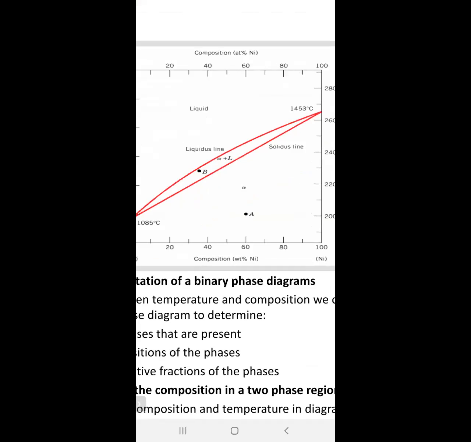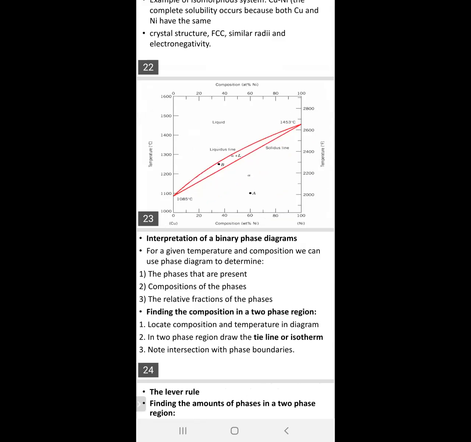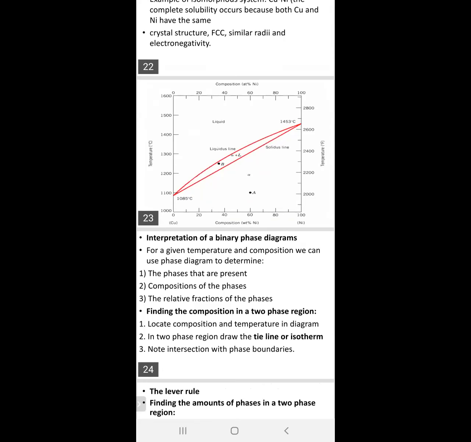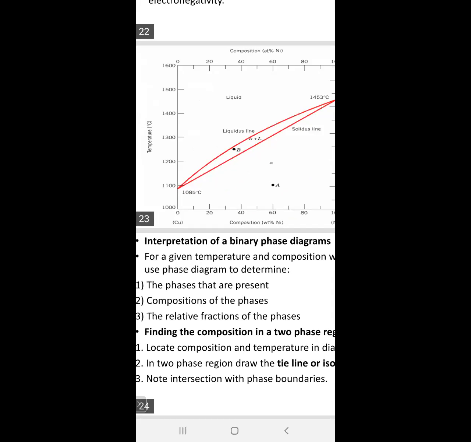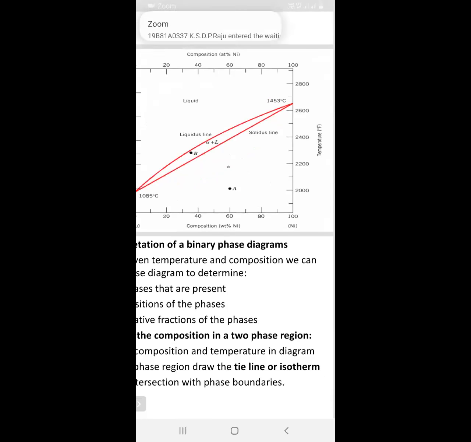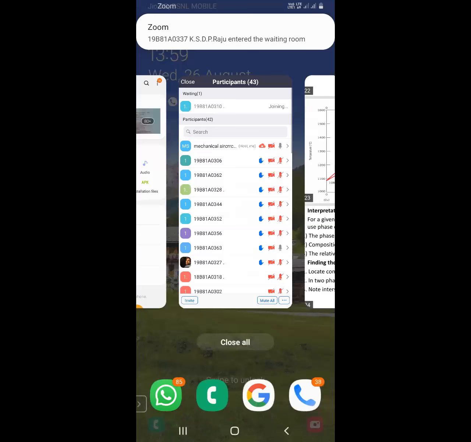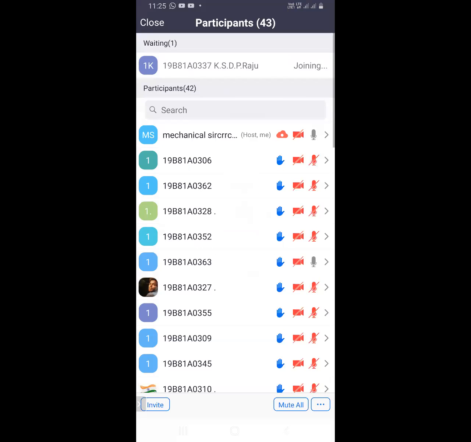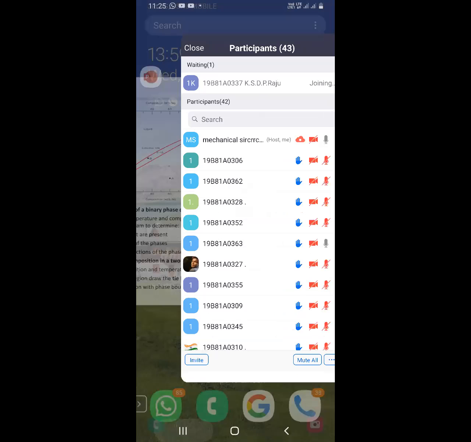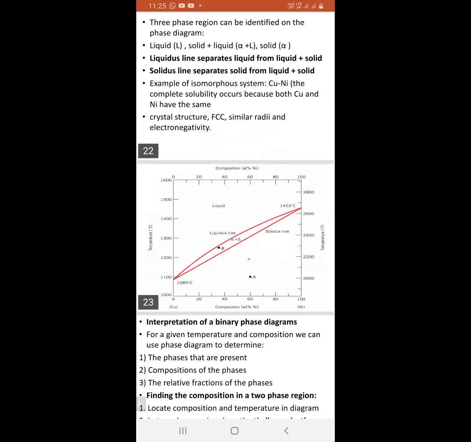We have to take these two metals as pure metals. Here the copper is pure, and this end the nickel is pure. Then how will the process run? I have explained before how to draw the phase diagram.